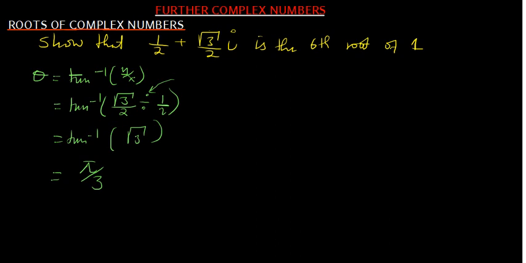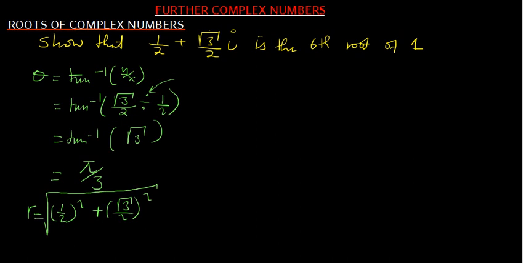Now the next thing that we want to find is r, and r is given by, you get the first portion here, square it, get this portion, square it, and then square root. That is 1 over 2 squared, and then plus the root of 3 over 2 also squared, and then we square root that.